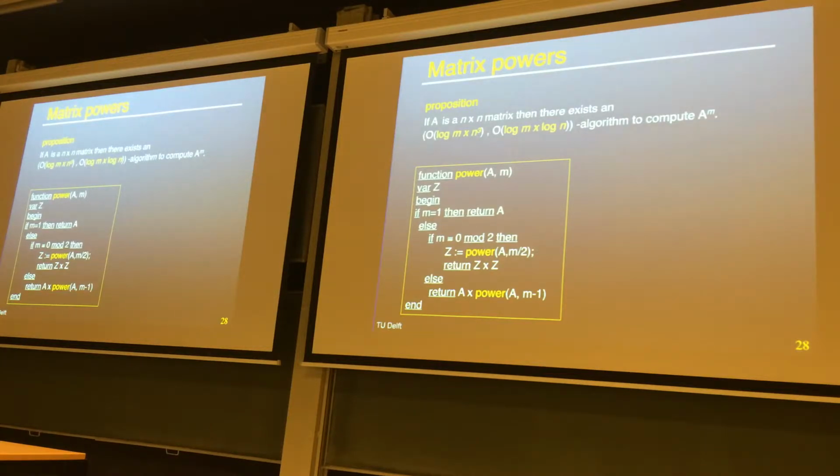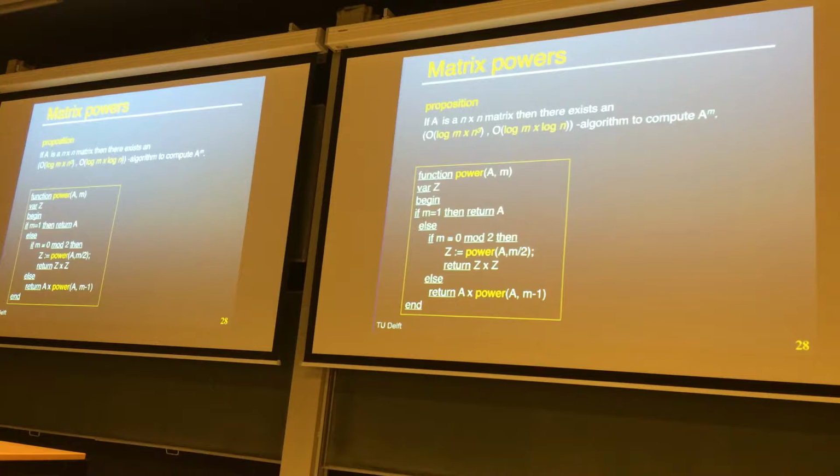And there is one complication: if n is odd, then first you have to lower n by 1, then you have to find the result, and then you have to perform another multiplication step. But here is the basic scheme of it. If n equals 1, then you simply return a.